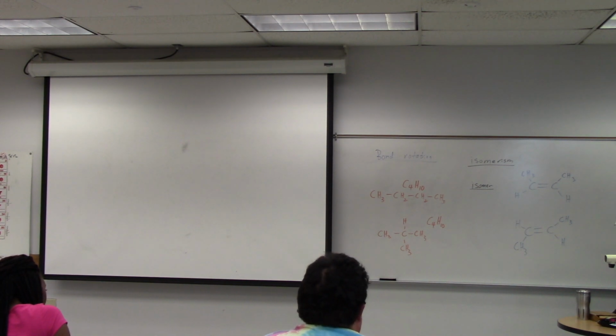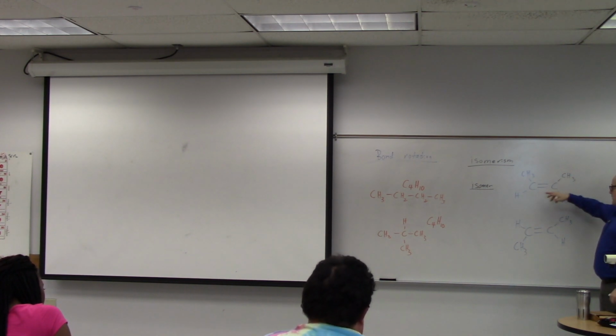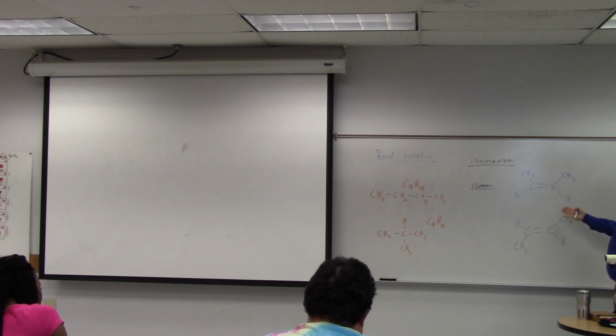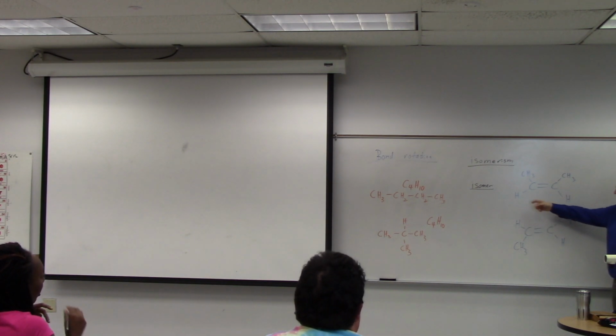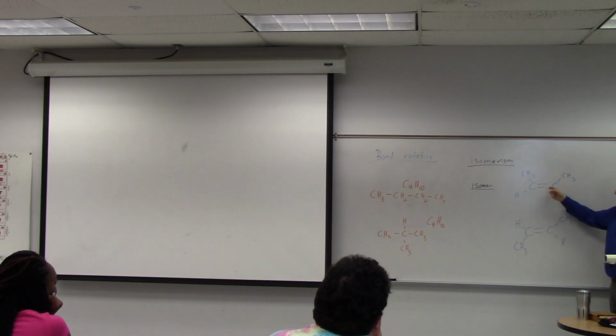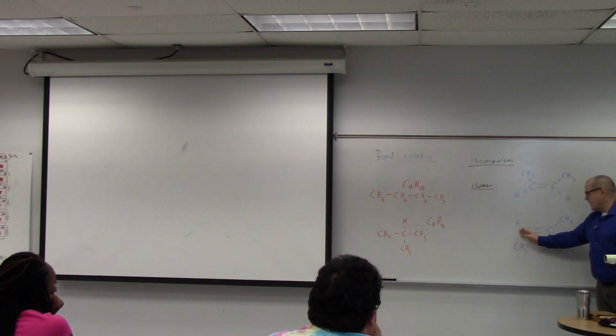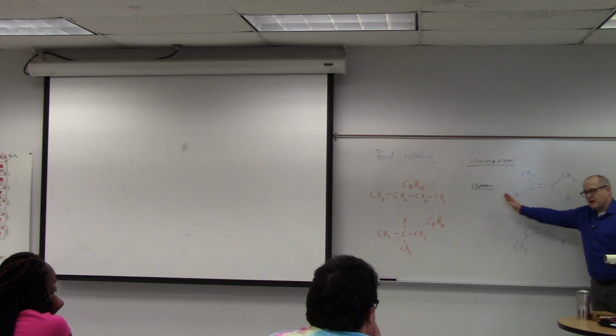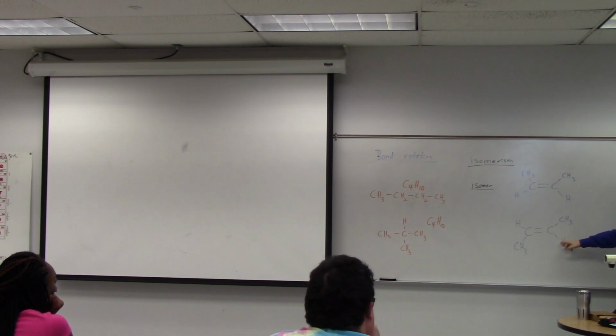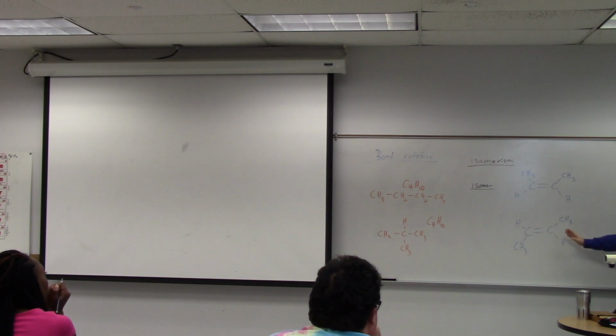So if this carbon wants to flip over, that carbon has to flip over too. They're not independent of each other. So here, if you look at this structure carefully, these two hydrogens, one's on this carbon, the other's on that carbon, both pointing in the downward direction. Down here, on this carbon one of the hydrogens is pointing upward, and the hydrogen on the other carbon is pointing downward.